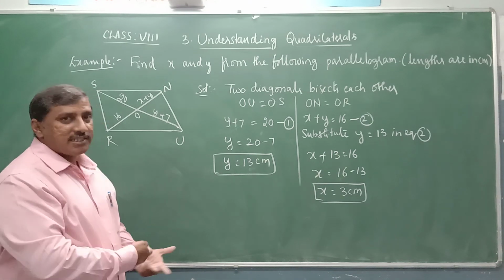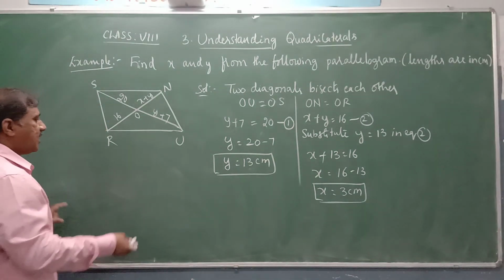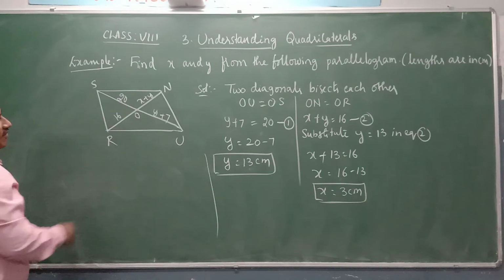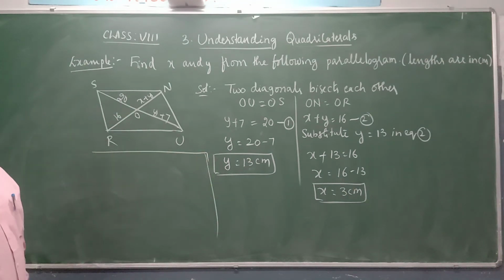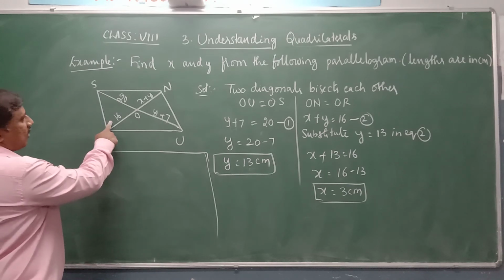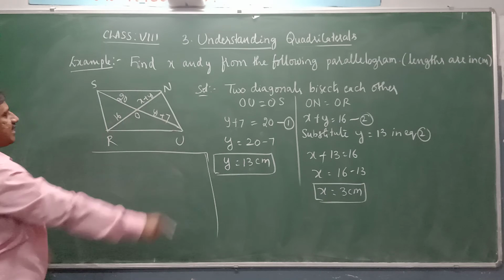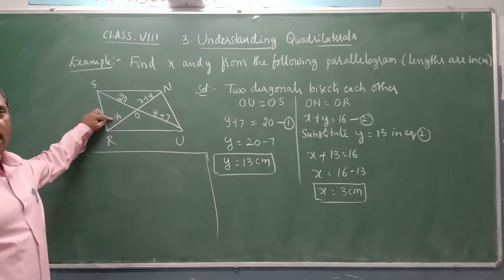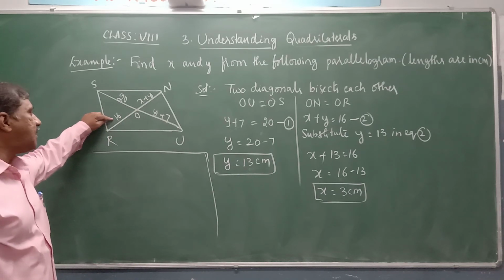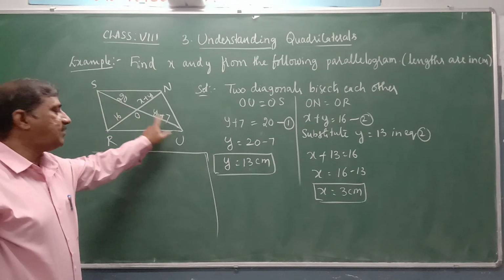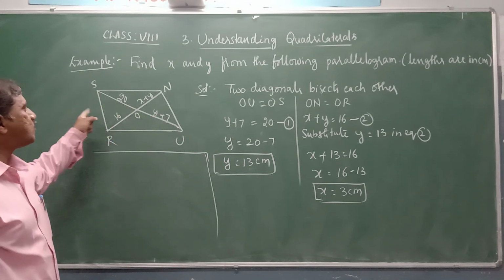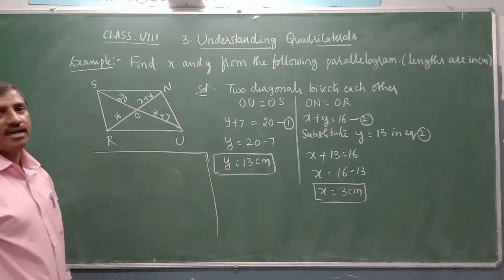Sometimes they may ask you an extension to that: find the lengths of the two diagonals. Yes, this we know. The length of this diagonal RN will be double the length OR, that is 32 centimeters. Double the length of OS will give you the length of SU, that is 2 into 20, 40 centimeters.